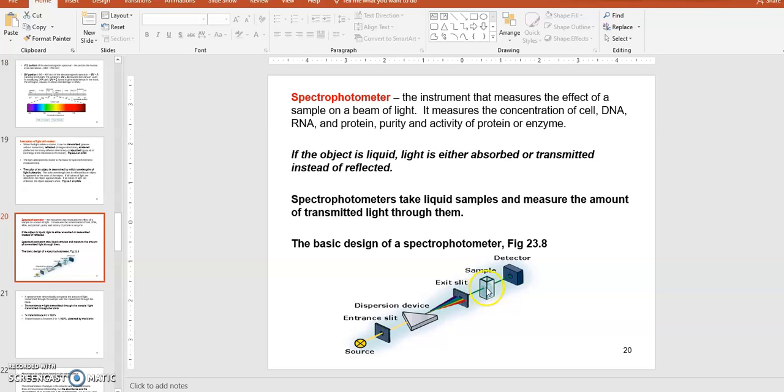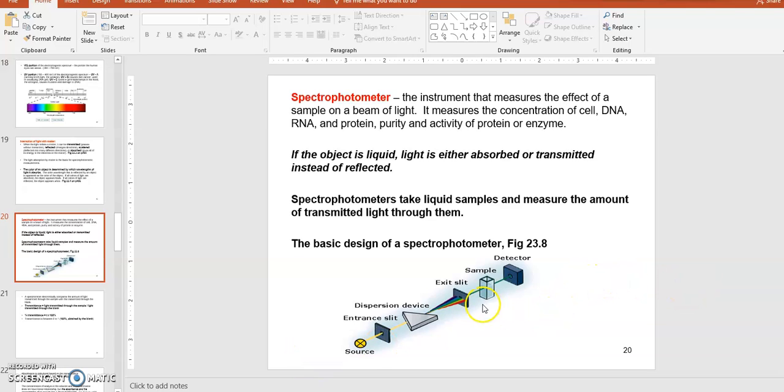Either the light will be absorbed by your sample, the dissolved liquid, or the light will penetrate through, that's transmitted. On the other side, the amount of light that's transmitted through will be detected by the detector. Okay, so that's the simple design of the spectrophotometer.